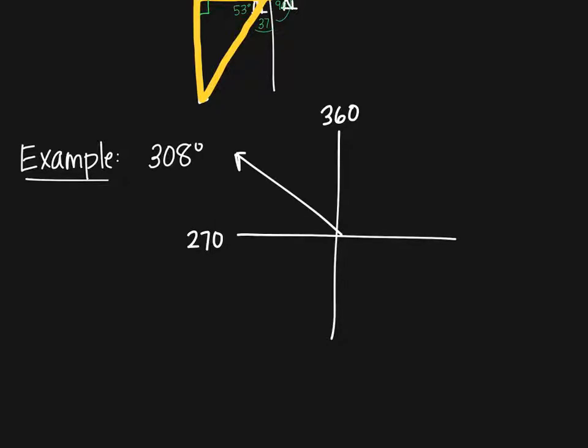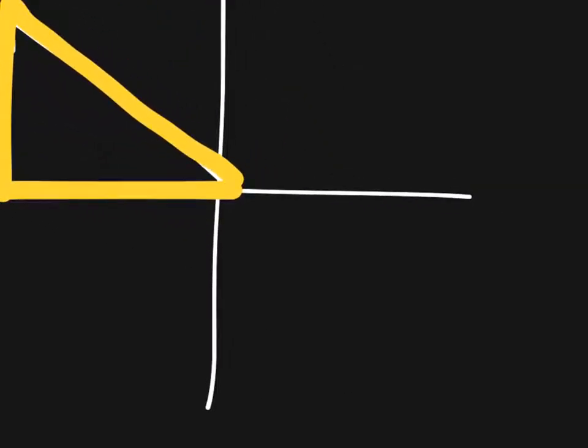So when I create my reference triangle for 308, my reference triangle looks like this. Oh, I don't like that. Okay, there's my reference triangle. When I'm labeling my bearing for that reference triangle, I need to get up to 308. So I start in quadrant 1, there's 90.